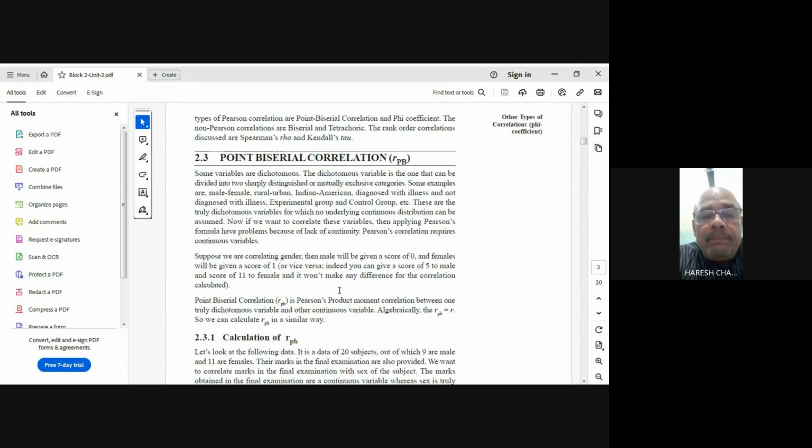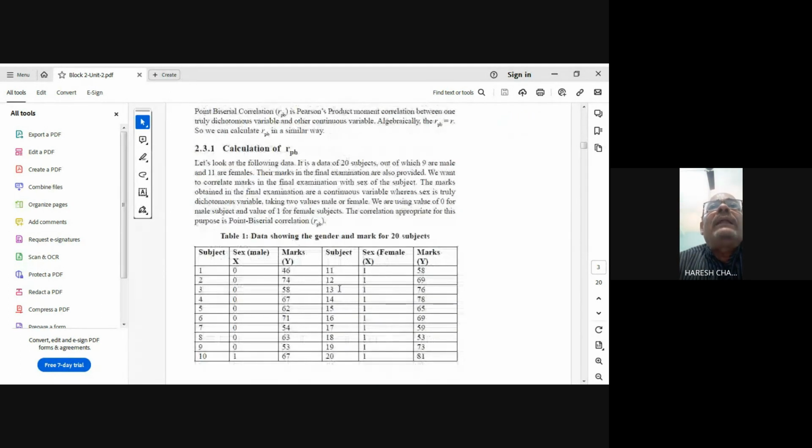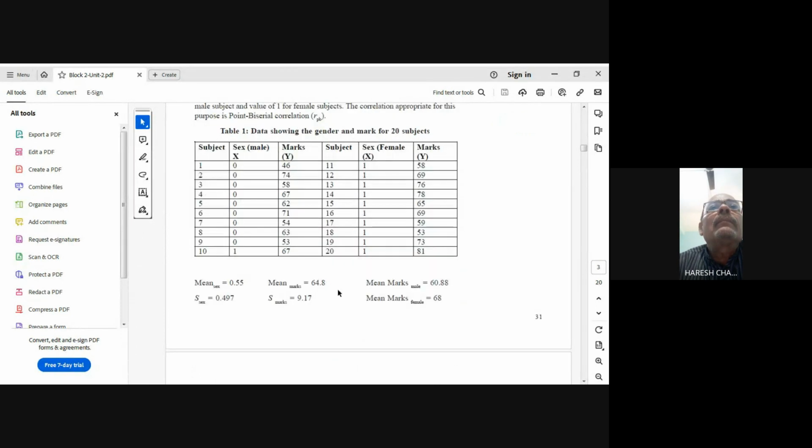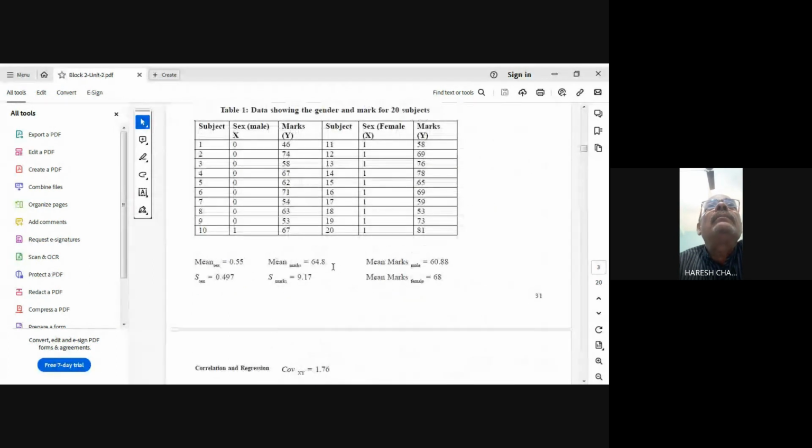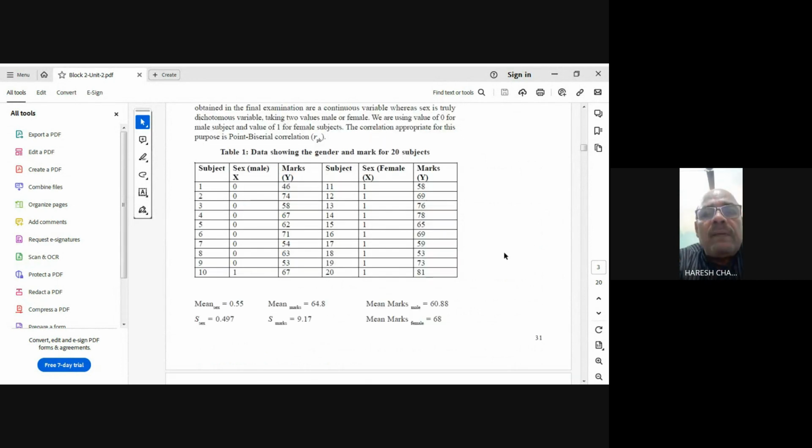If one variable is dichotomous and the other variable is continuous, you cannot go for any parametric statistics, and Pearson's correlation is not allowed.